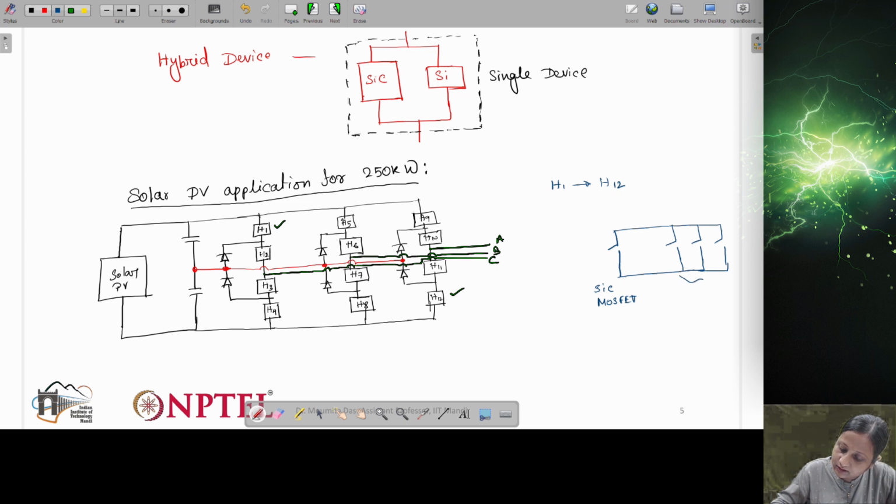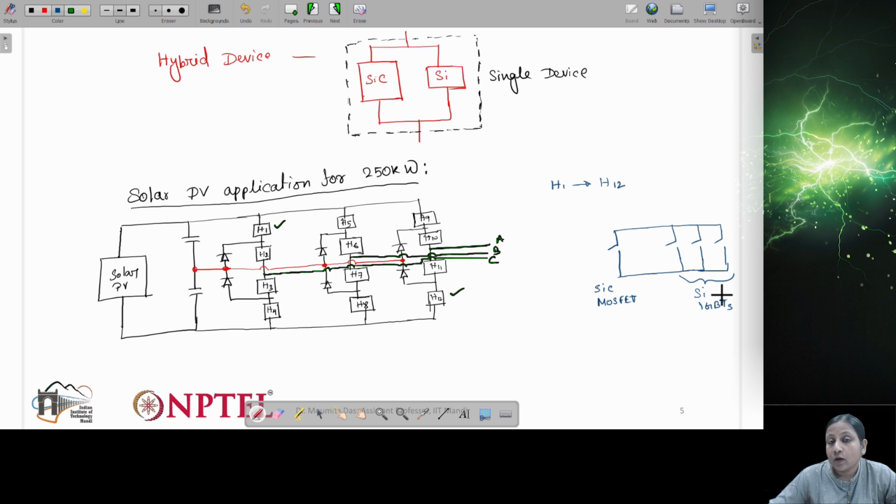Okay, so these 3 are silicon IGBTs. Right. Now this is not the only thing. We can definitely connect them in parallel, and it will operate fine, that is not a problem.